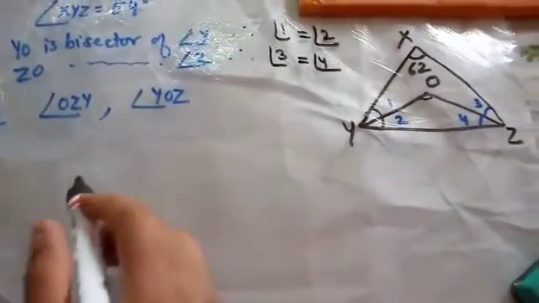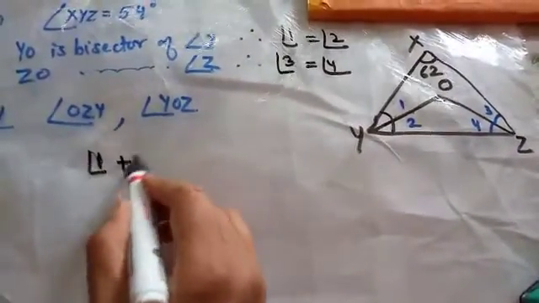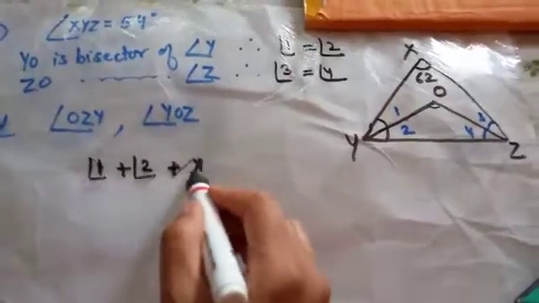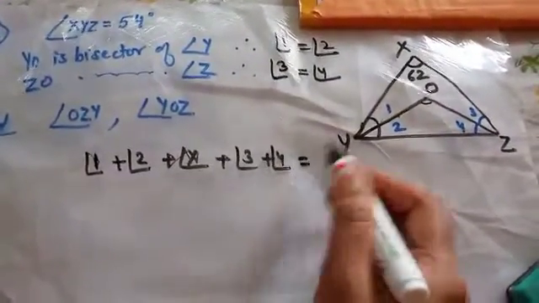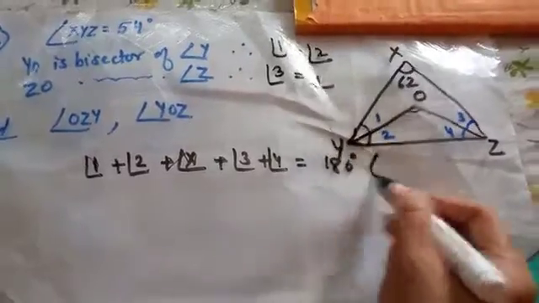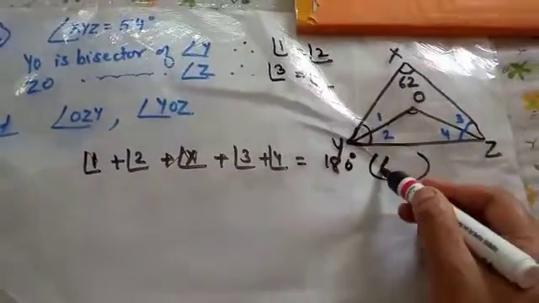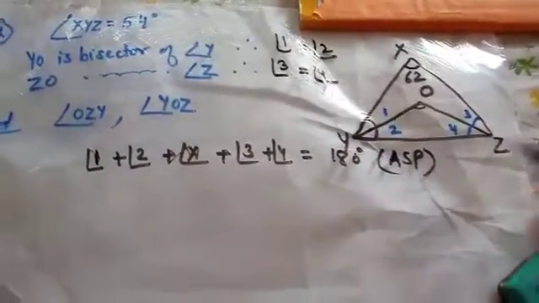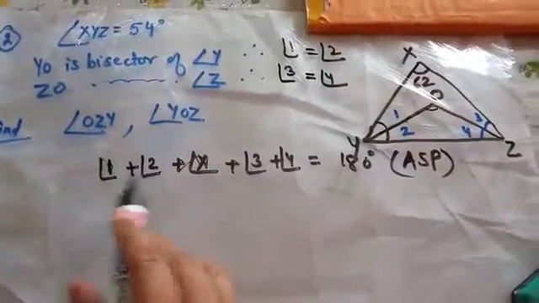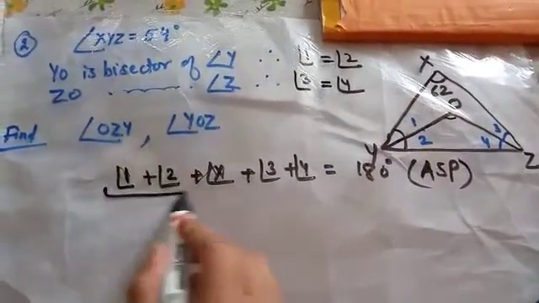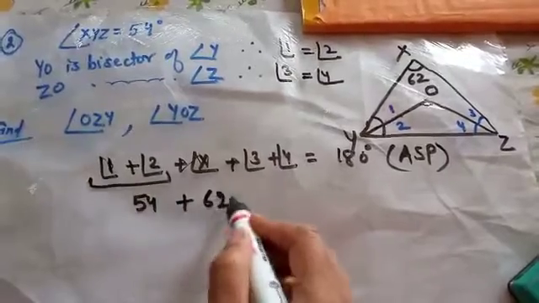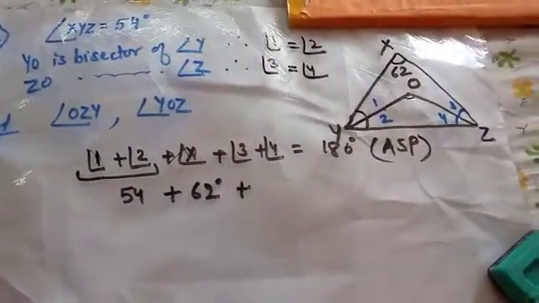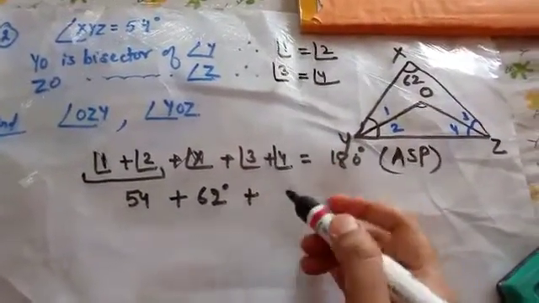OZY means angle 4 find out करना है, and then YOZ means ये angle O find out करना है. Right. So I am writing one thing which I know, which is 1 plus 2 plus X plus 3 plus 4. इन सब का sum कितना होगा? It will be 180 degrees. Why? The reason is angle sum property of triangle. Now 1 and 2 both are equal and the sum is equal to 54, plus angle X is equal to 62, plus angle 3 and 4 both are same.